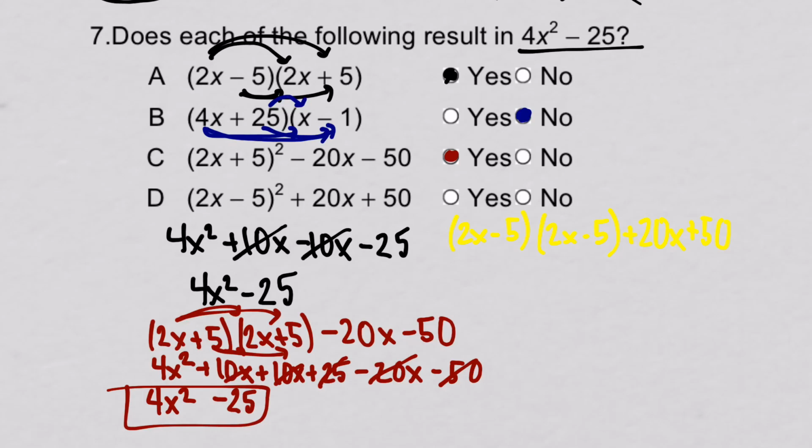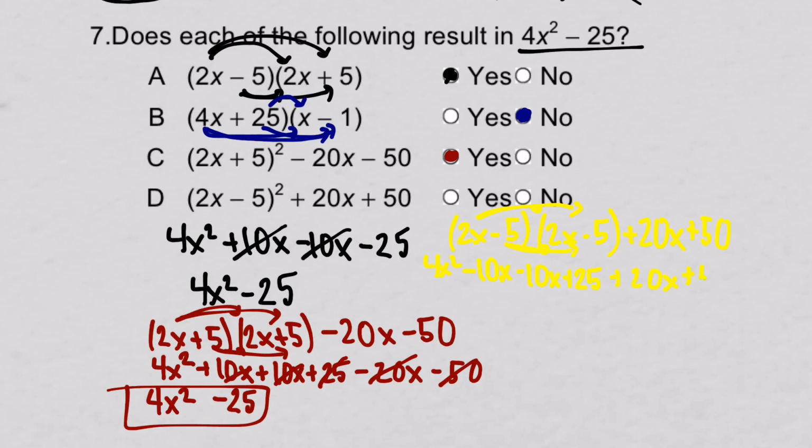I believe this one's not going to work, but let's finish to check it out. 2x times 2x is 4x squared. 2x times negative 5 is negative 10x. Right, that's that one. Negative 5 times 2x is negative 10x again. And negative 5 times negative 5 is positive 25. And then to that, add a 20x and a 20x, and a 50.